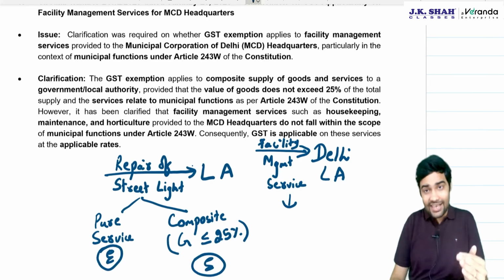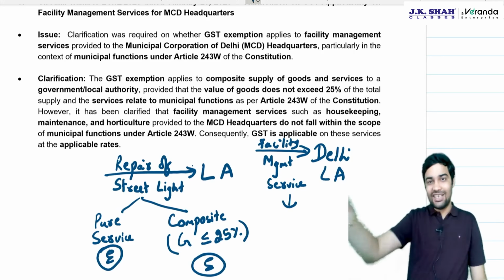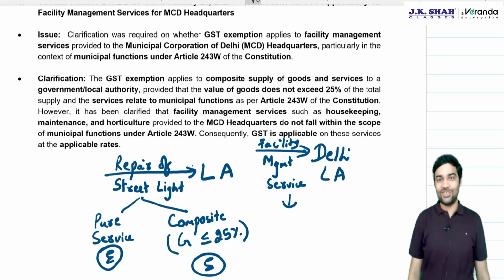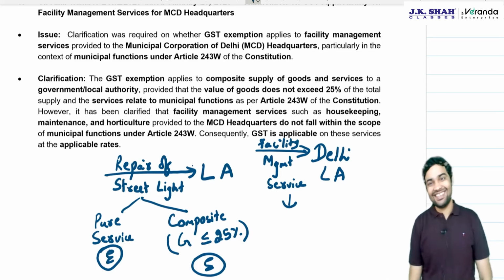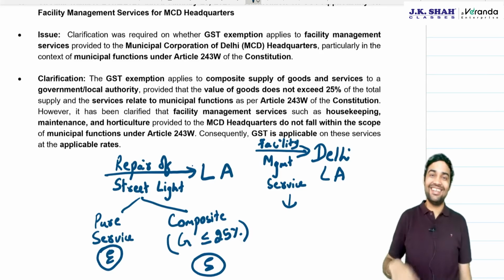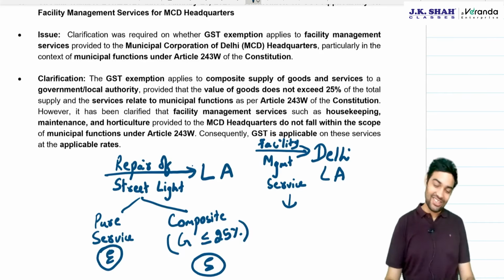Maintaining your own headquarter, is it a constitutional function? Or repairing street light for the public, is that a constitutional function? Sir, maintaining your own, no sir. Obviously, maintaining your own facility is not a constitutional function.